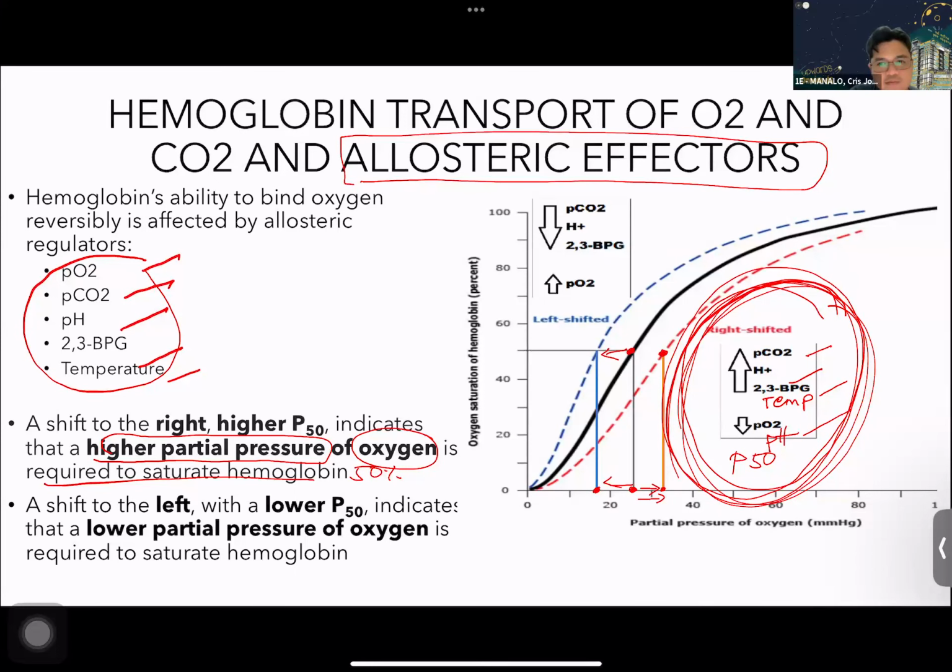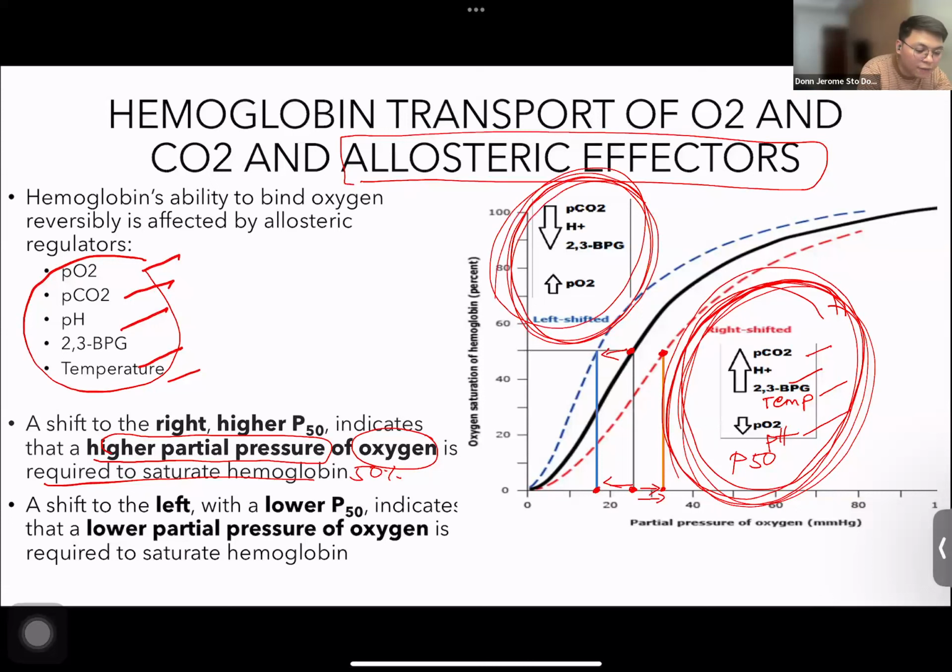Inverse ang relationship. High affinity. So sa left shift, what form of hemoglobin predominates? The R form or the T form? R form, Doc. So ano ang tendency since it's the high oxygen affinity form? To accept oxygen or to release oxygen? Okay, and these are the conditions that shift the curve to the left.